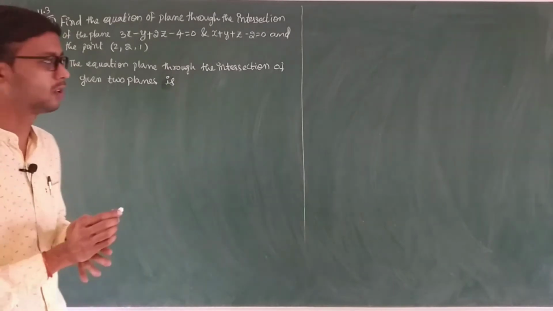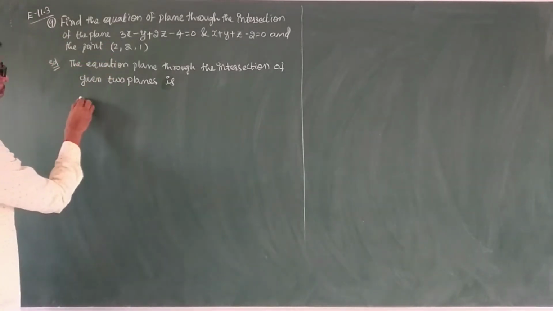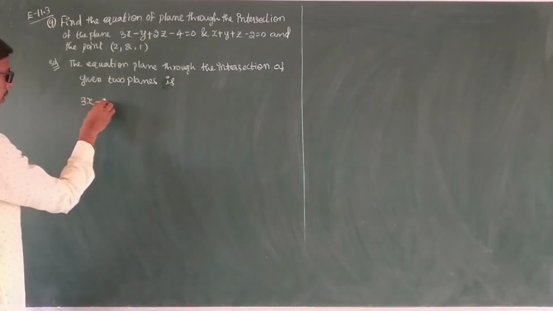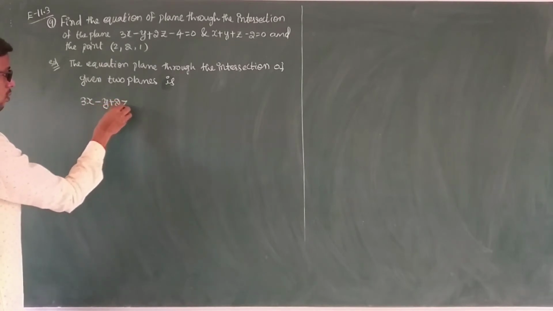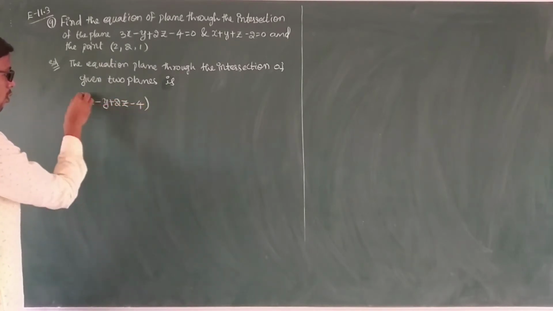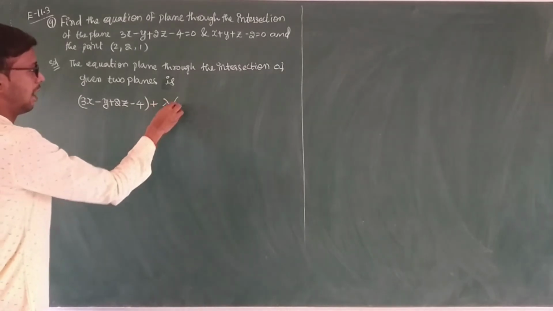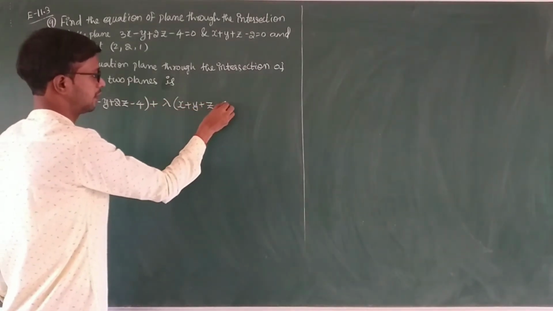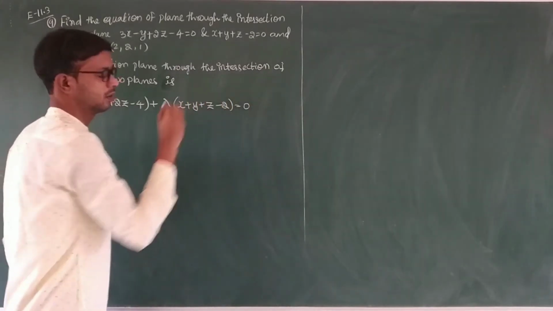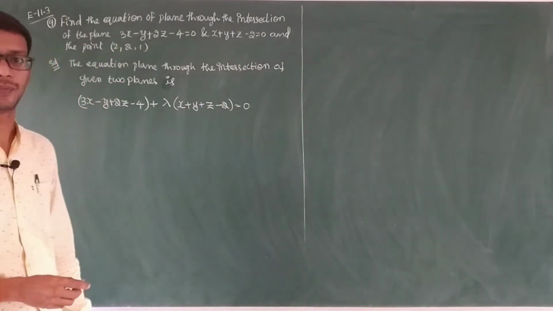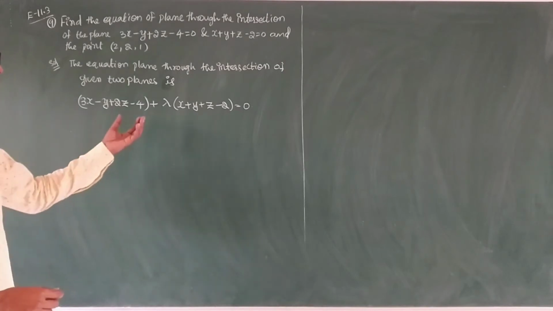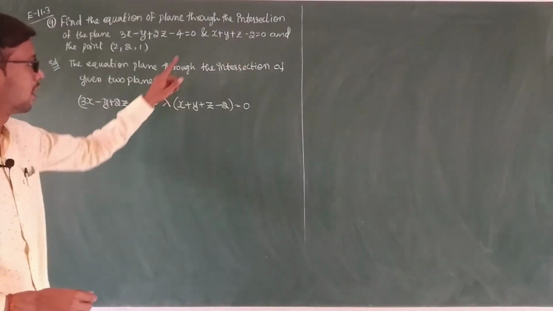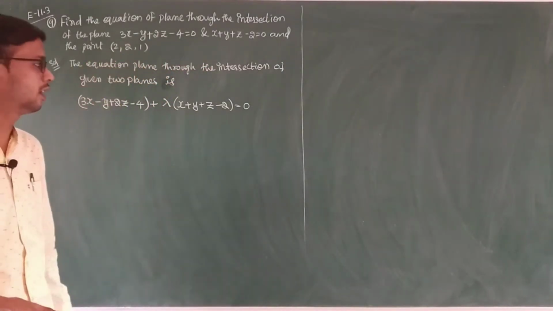Now substitute the given planes: 3x minus y plus 2z minus 4 plus lambda into x plus y plus z minus 2 is equal to 0.